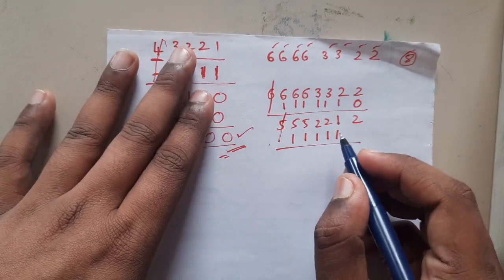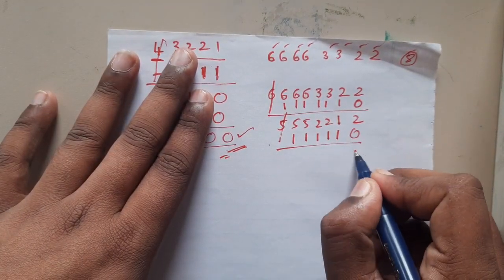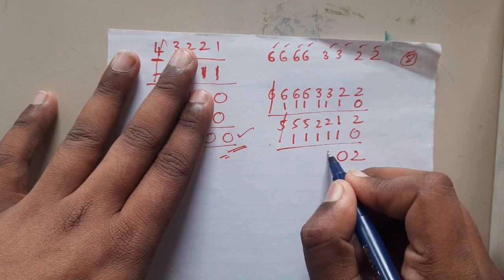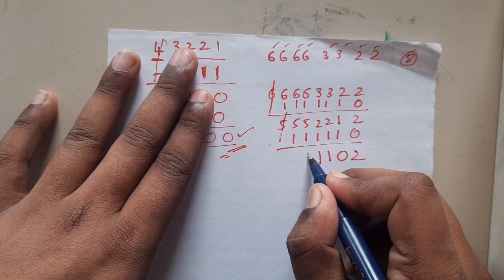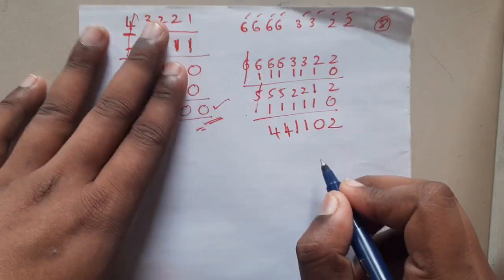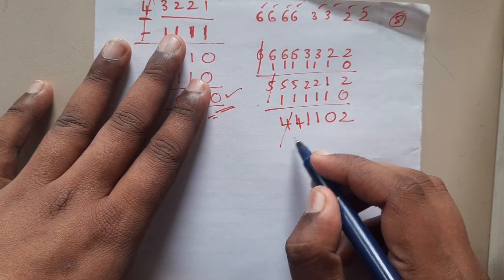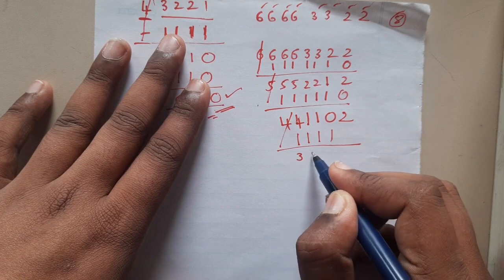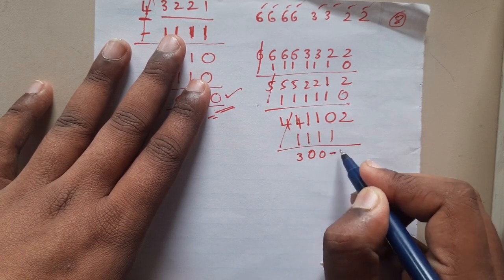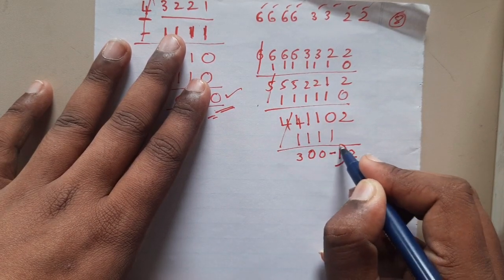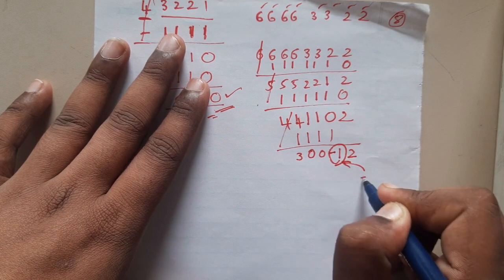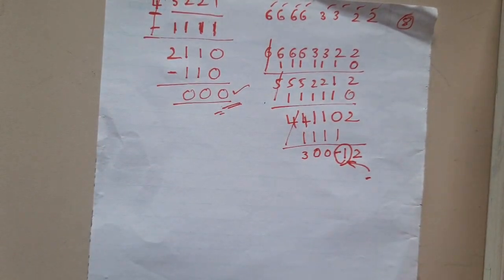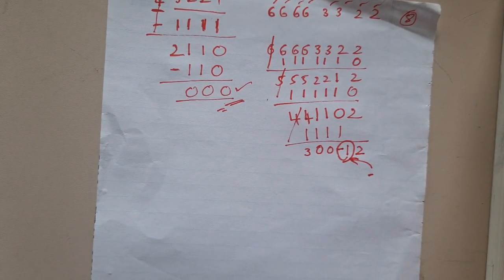Here again it is 0, so we get 2 0 1 1 4 and 4. Similarly, let us try for this 4: 1 2 3 4. But if you observe, we get 3 0 0 and minus 1. So the value is minus 1. Can a degree be negative? No, it's not possible.